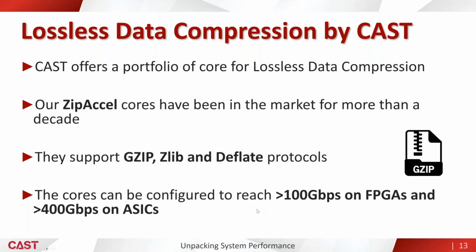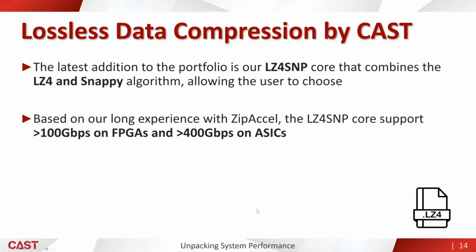Another addition, the latest addition to the lossless data compression portfolio of CAST, is our LZ4 and Snappy IP, which to the best of our knowledge is unique in the market in that it combines these two algorithms and gives the developer the option to choose between one or the other algorithm.